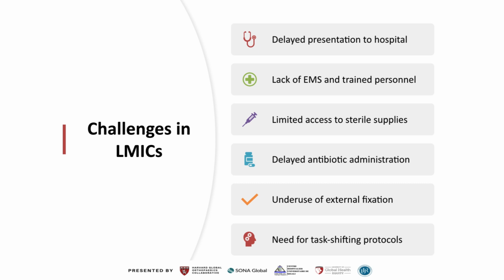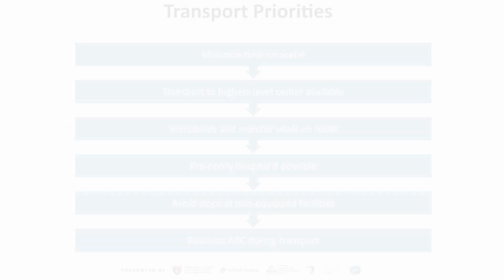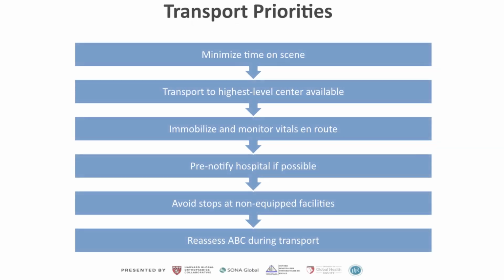So in summary, infection decreased almost 60%. And at the hospital, external fixation can reduce complications, and you are sure that the debridement is really done in a timely way. So these are the key takeaways.